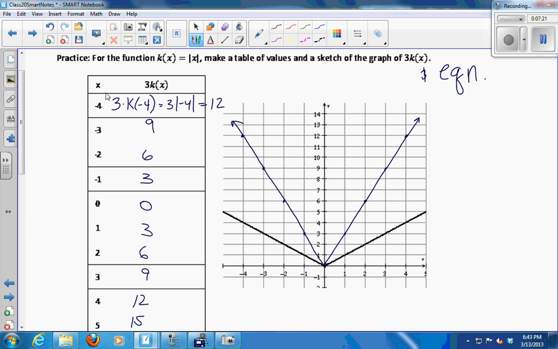It's like I just grabbed onto the ends of my function and pulled upwards. Okay. And its equation, this one is y equals the absolute value of x, or k of x equals the absolute value of x. This one is y equals 3 times the absolute value of x.